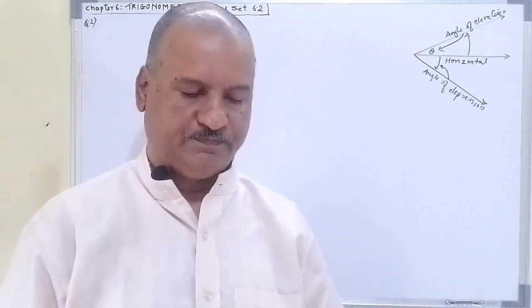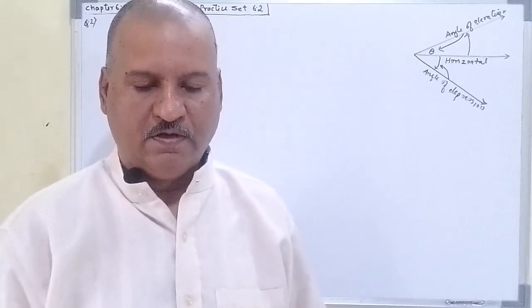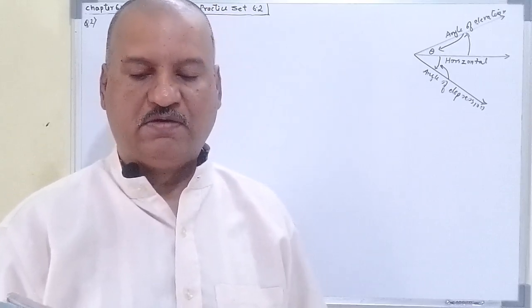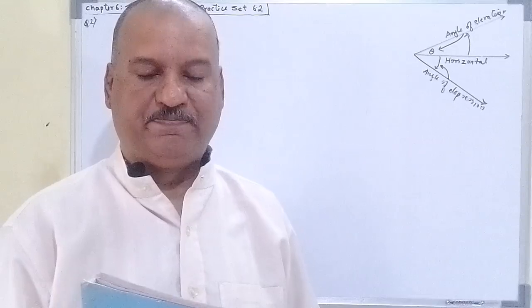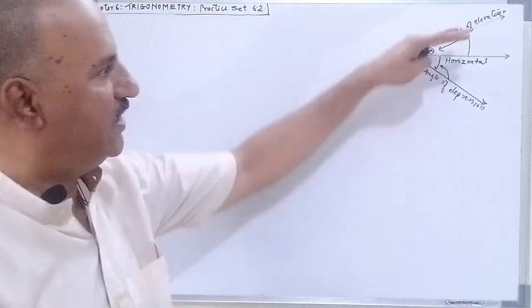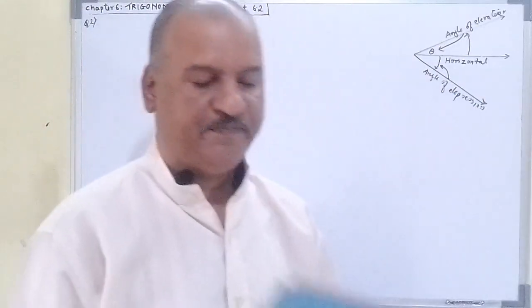Question देखो. From the top of a lighthouse, an observer looking at a ship makes an angle of depression. ये angle of depression देखो नीचे दिख रहा है, horizontal से नीचे दिख रहा है.